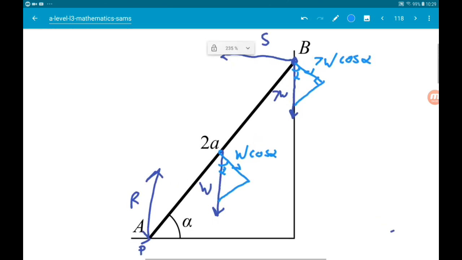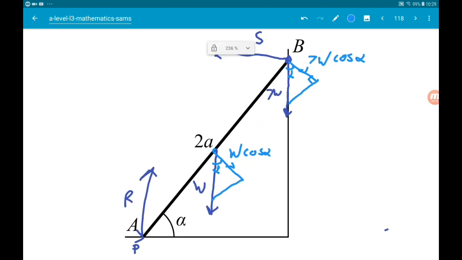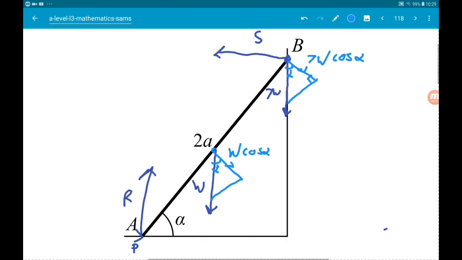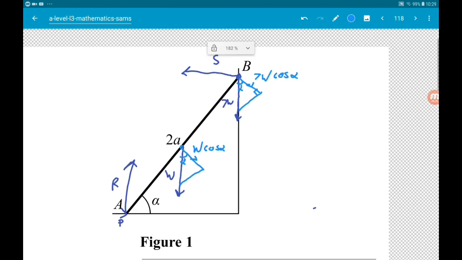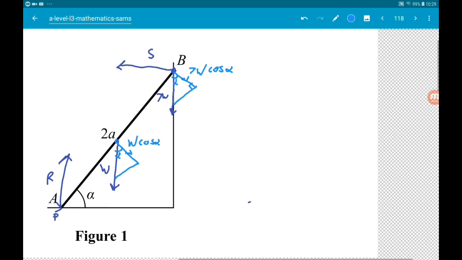So the moment at the centre of the rod is A away from the point on the ground. Let's just do it here.